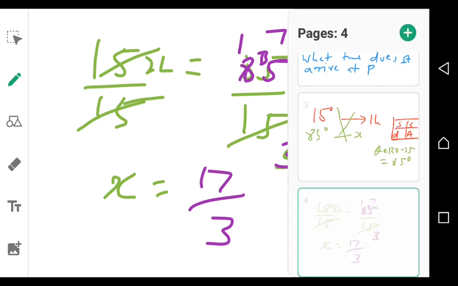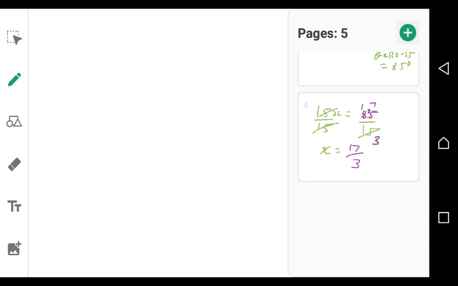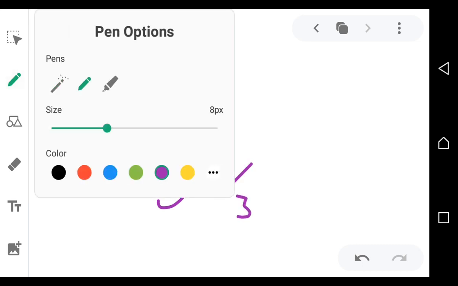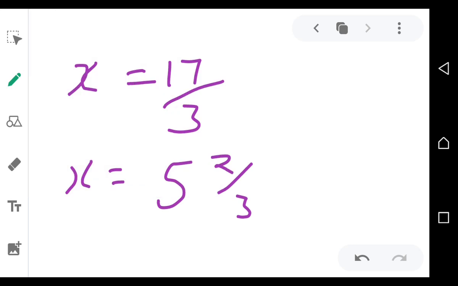You continue simplifying. So x is equal to 17 over 3. Can 3 go into 17? It can't, so you do the improper fraction. 3 into 17 goes 5, which is 15, remainder 2 over 3. So it means 5 hours and 2 over 3 of an hour.